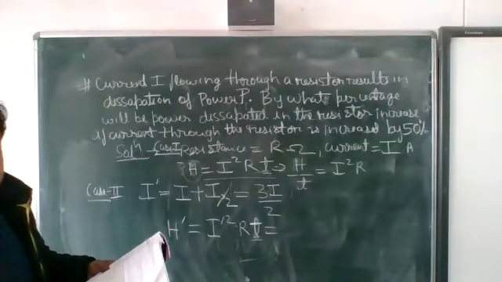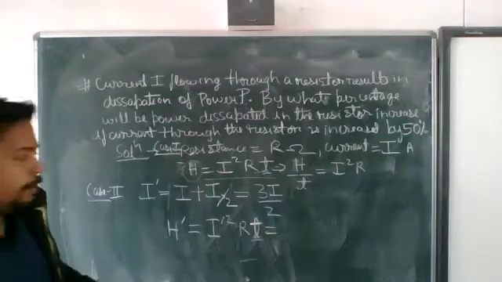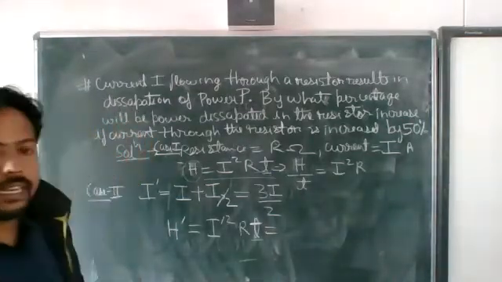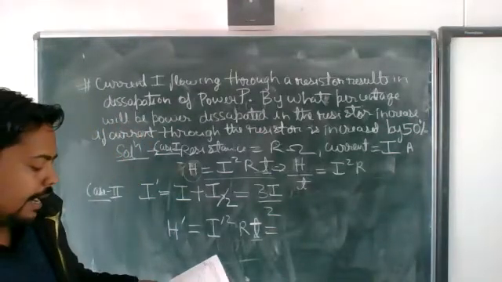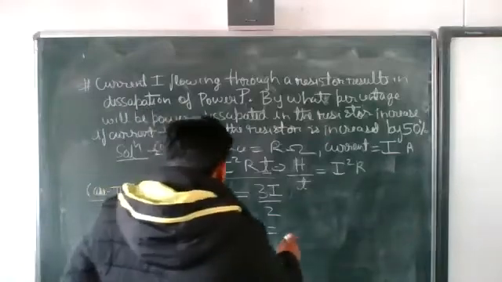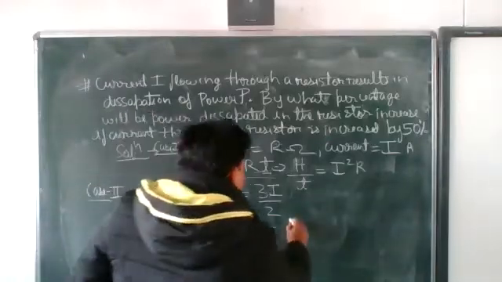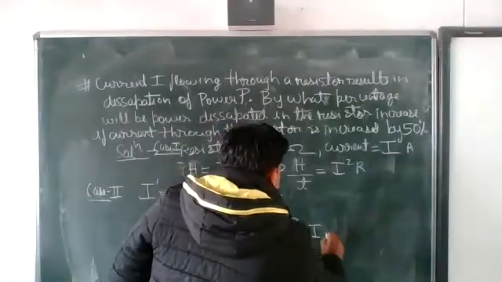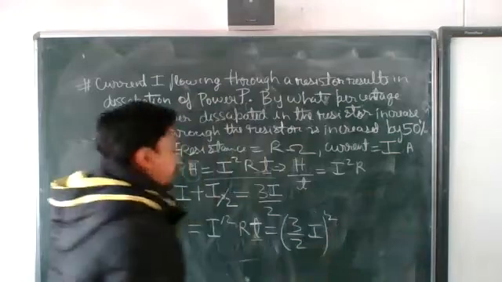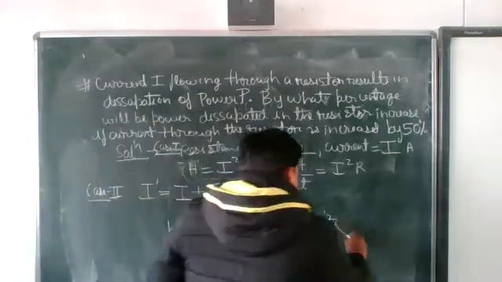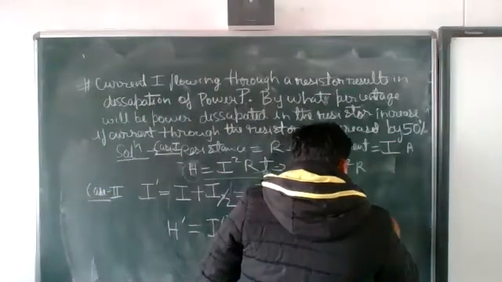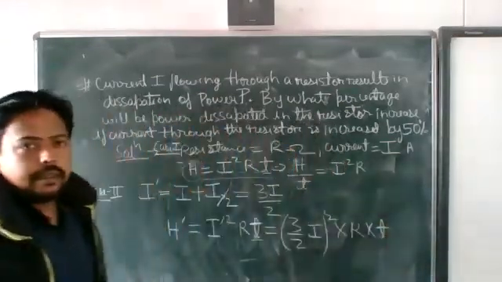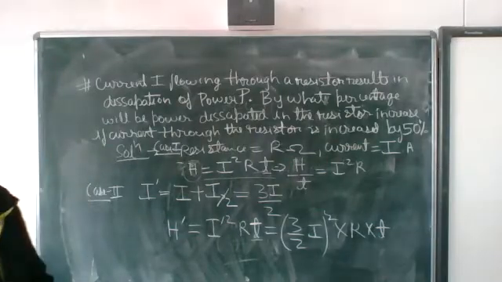What is the percentage of the power increase? First we have to find the increment that is happening. So in that case, H dash is 3/2 of I, squared, into the same resistance into time. Everyone is getting what is going on?